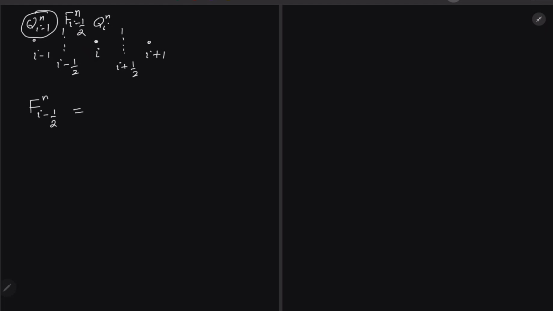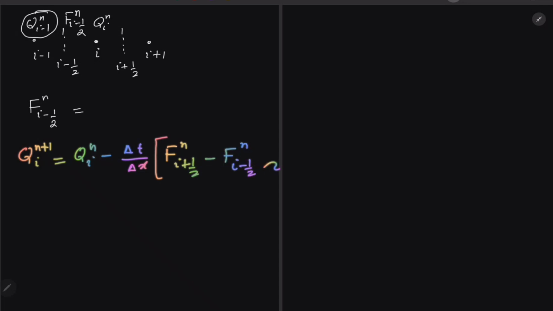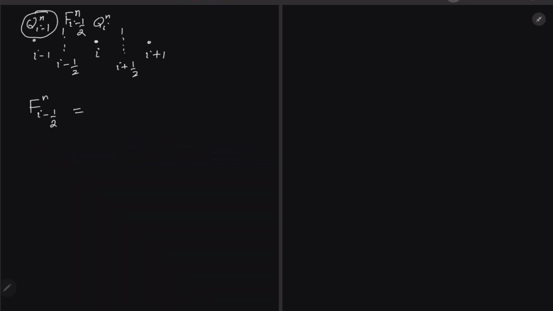Remember that you have a formula Qn plus 1 I equals Qn I minus delta T by delta X. You need a flux at I plus 1 half, and you need a flux at I minus 1 half. And we already saw that when U bar is greater than 0, then you adjust these fluxes.